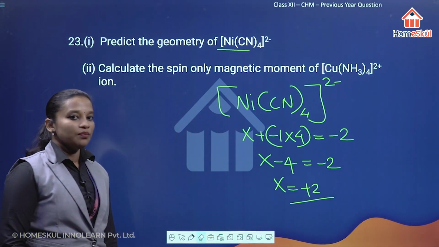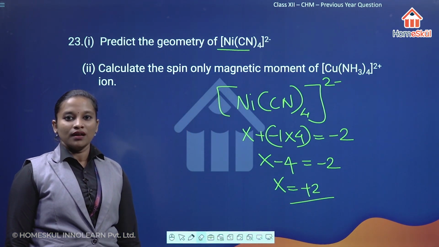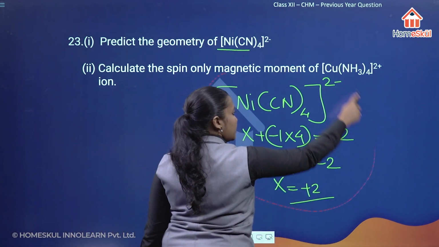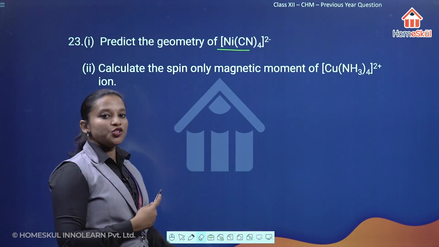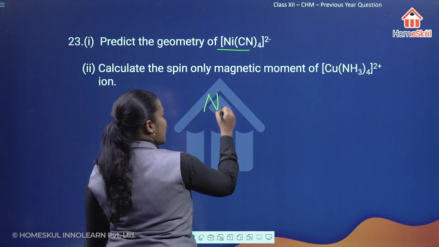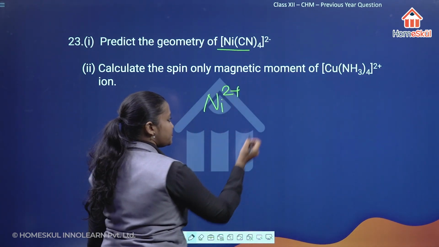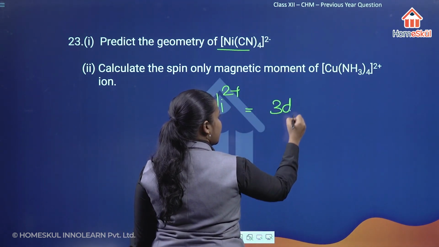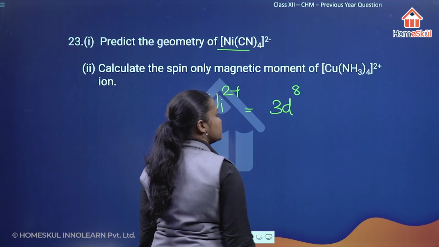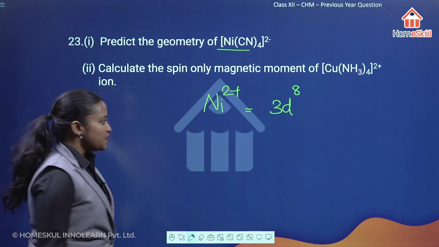Okay, so nickel is in plus 2 oxidation state. Okay, let's write the valence shell electronic configuration of this Ni2 plus ion. We get 3d8 configuration. Okay, 3d8 species.